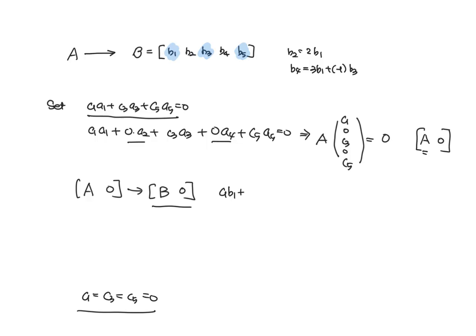So this is equivalent to showing that this matrix equation is equivalent to B times (C1, 0, C3, 0, C5) equals 0.